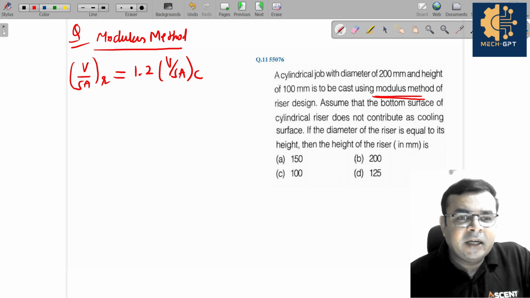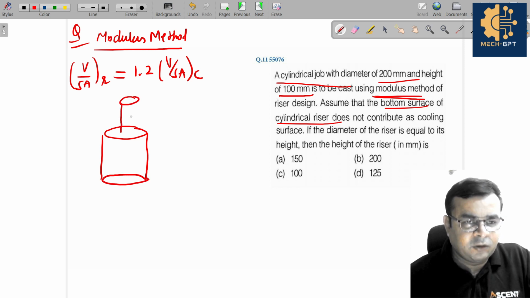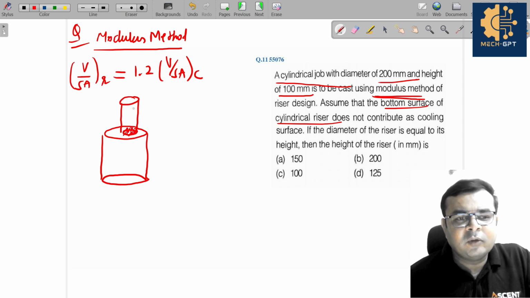Yes or no? We need to produce a cylindrical job with diameter 200 mm and height 100 mm using the modulus method. Assume the bottom surface of the cylindrical riser does not contribute to cooling. It means you have a cylindrical casting like this, and on this casting we have a cylindrical riser at the top surface, so this surface is not responsible for cooling.